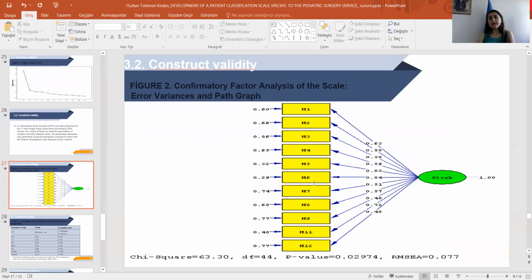The path coefficients considered as factor loadings range from 0.38 to 0.84 and were not low.